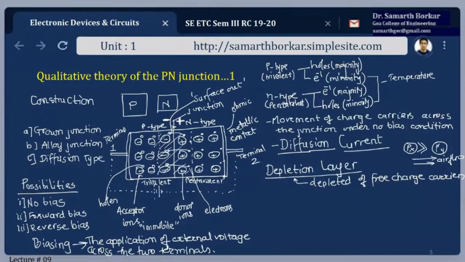Now, the point to be noted here is that we are not connecting any voltages across the terminals. So this is what is referred to as no bias condition. So even under no bias, there is the movement of holes and electrons. Fine.